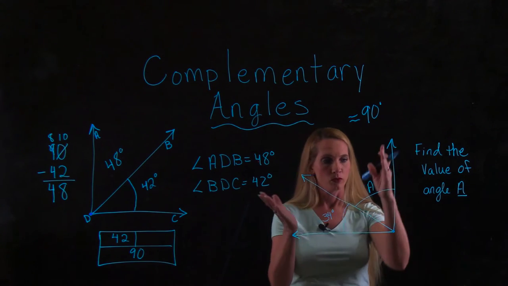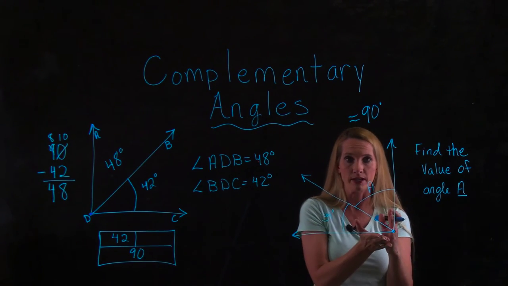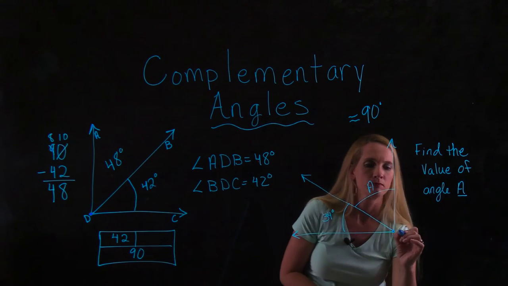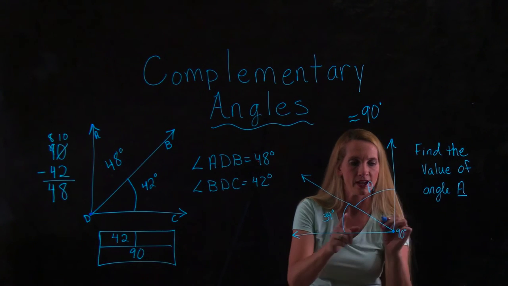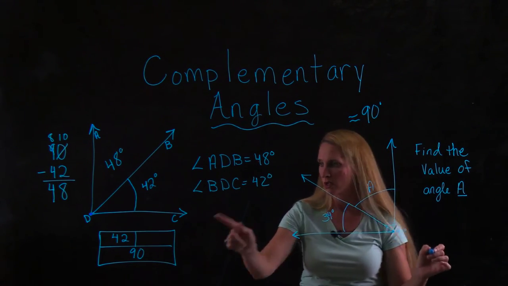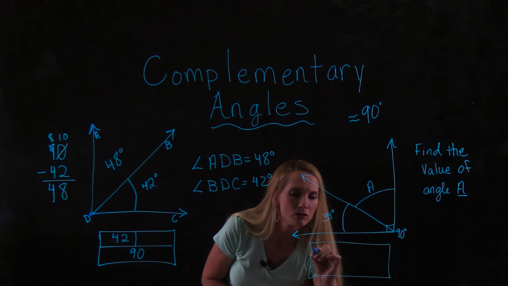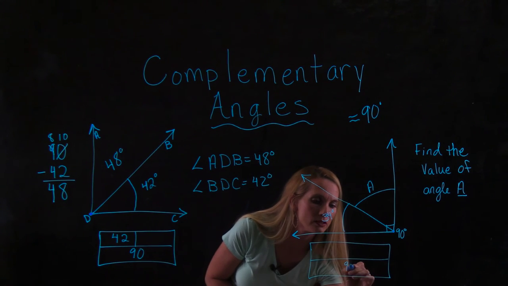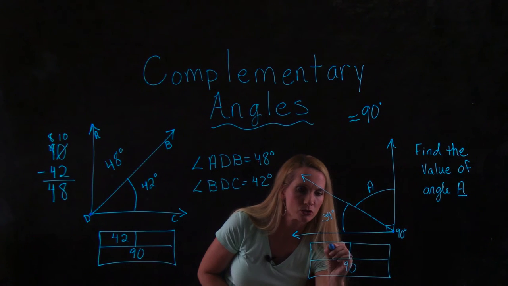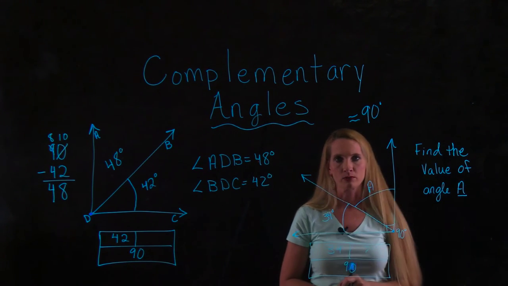So again, you know that complementary angles make 90 degrees, so you know this is automatically 90 degrees, that has to equal 90. And if you know this one is 34, again we can put it in our part, part, whole. My whole is 90, part of the complementary angle is 34, and I'm looking for the other part.